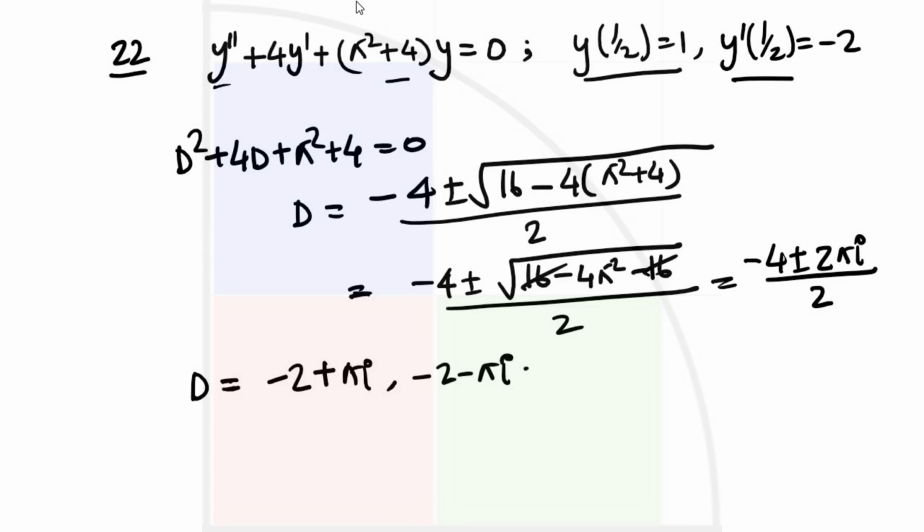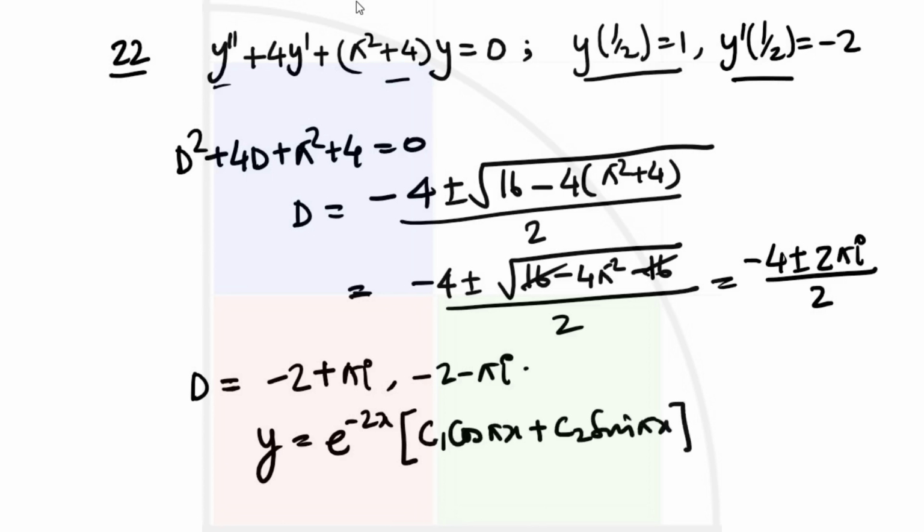So what will be our homogeneous general solution? This will be y is equal to e to the power minus 2x, and then in brackets c1 cos pi x plus c2 sin pi x. Now apply the initial value conditions.